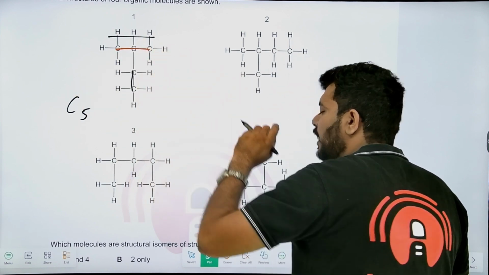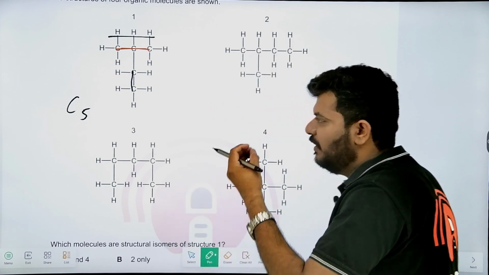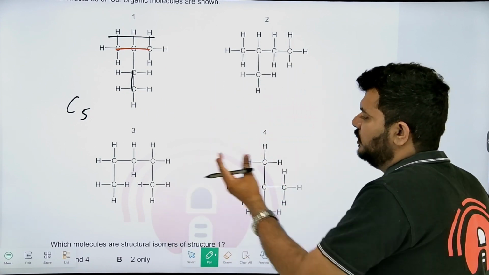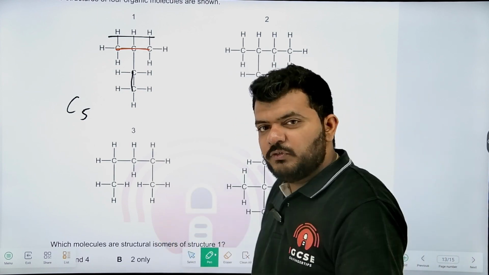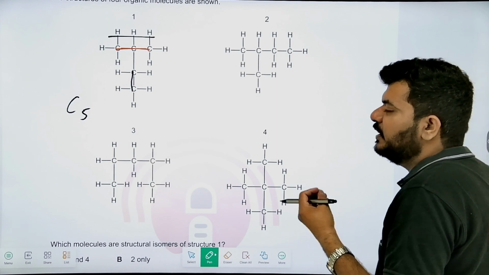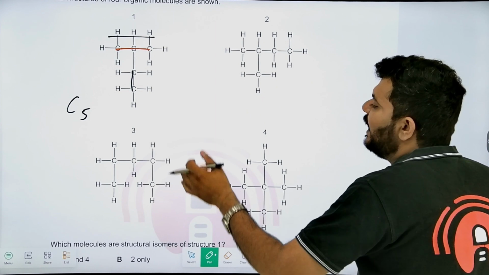Let's not count hydrogen because there are just single bonds. I will show you after I find the isomer that the hydrogen number is equal. But to find the isomer, you wouldn't require the number of hydrogen because all of them are alkanes.